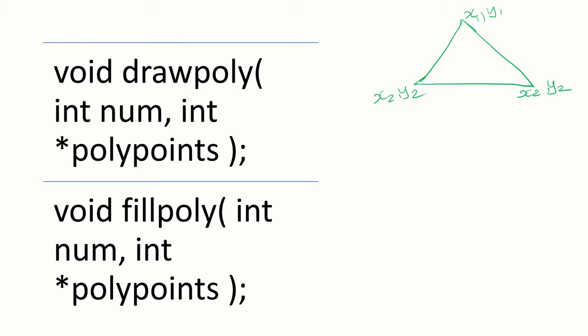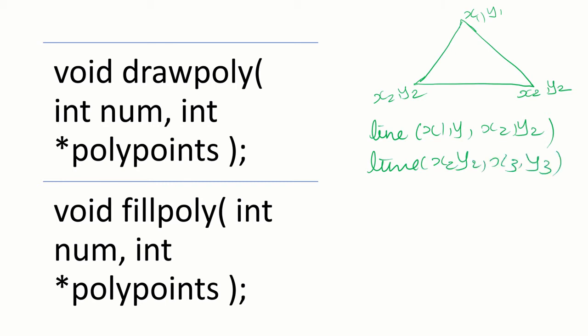If you want to mention this with the line command, I can say line x1 comma y1 to x2 comma y2, line x2 comma y2 to x3 comma y3, because I have to start from where I stopped. Once again, line x3 comma y3 to x1 comma y1. We have to stop at the same point.